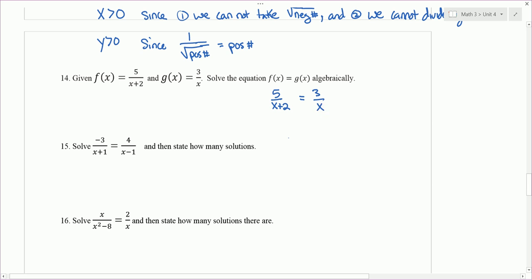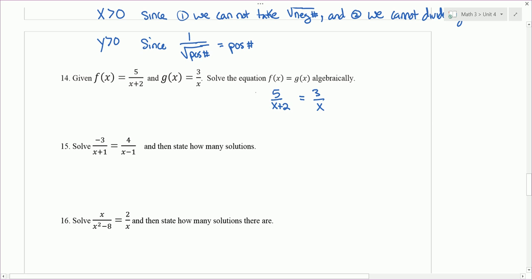Whenever you have a fraction, no matter what kind of fraction it is, and you're working with an equation, you can get rid of that fraction by multiplying by denominators. So let's look at the first fraction, the 5 over x plus 2.